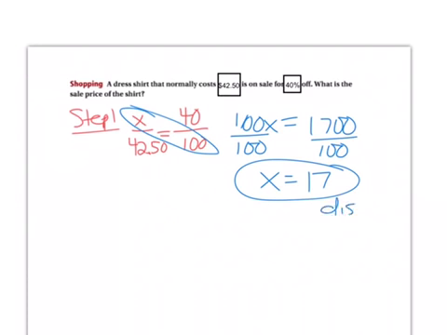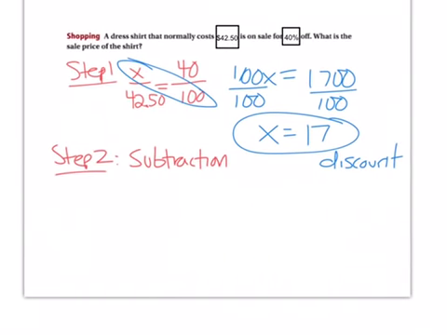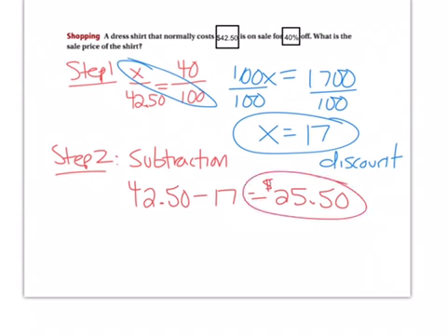Remember, that's the discount. So from there, my step 2 is the subtraction. And so in this case, I'm going to take my original amount, $42.50, minus my discount of $17 to get a sale price of $25.50.